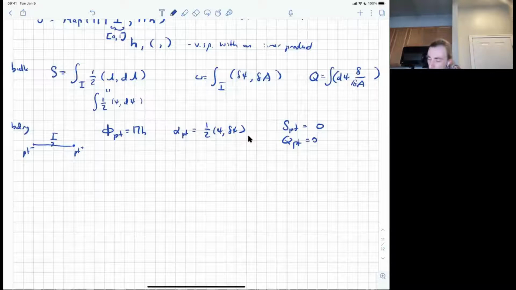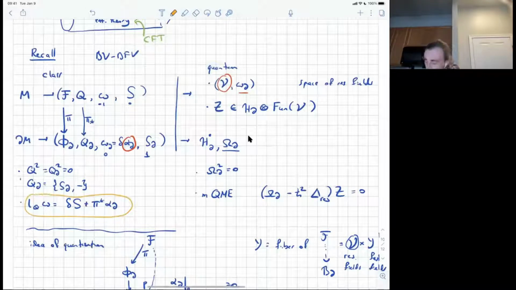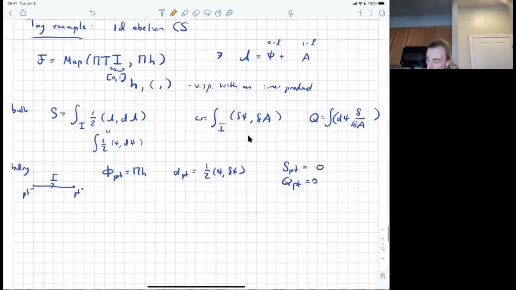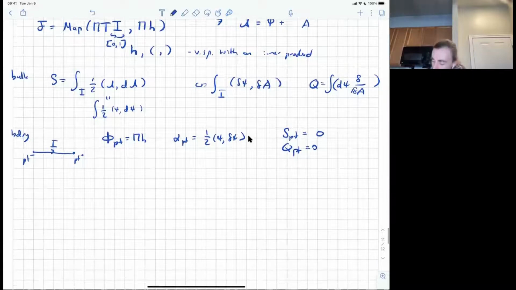For instance, the structure relation corresponds to this computation where you calculate the variation of S, or derivative of S, on the space of fields, and you do the integration by parts, and you obtain the bulk term corresponding to contraction of Q with omega, and the boundary term, which is the pullback of alpha boundary from the two endpoints. That's a computation which is maybe a BV incarnation of the standard computation everyone does in classical mechanics for variation of action. All right. Now for quantization.